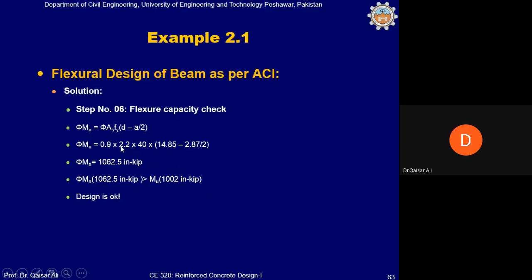Because the area of steel required was 1.95, and the area of steel that we have provided is 2.2. Although d comes out to be less than the assumed d, the area of steel that we have provided is more than the As required. So phi Mn finally comes out to be more than Mu, so this is okay. If this is not the case, then we have to slightly increase As and recalculate small a and repeat our design problem calculation.